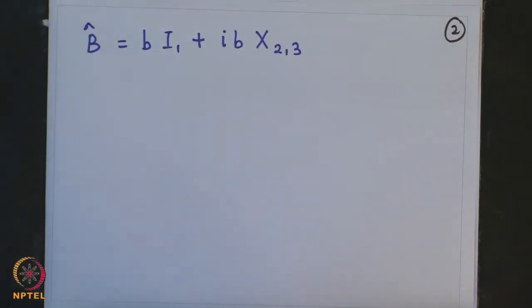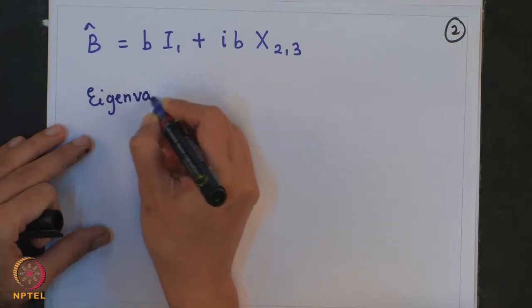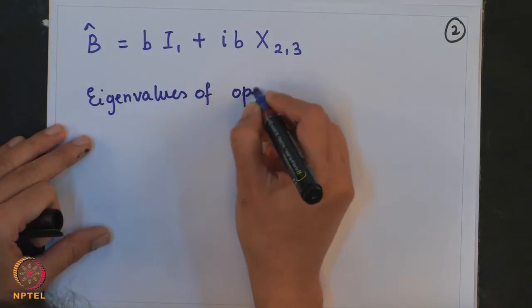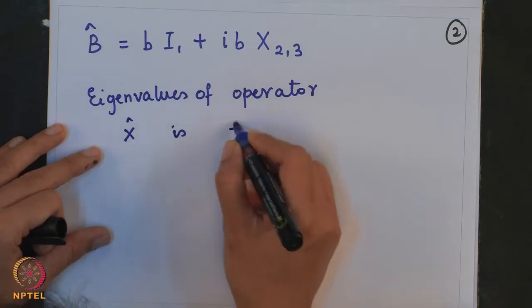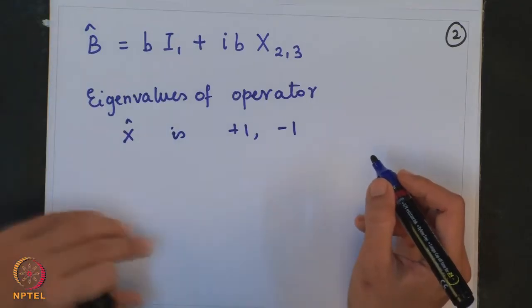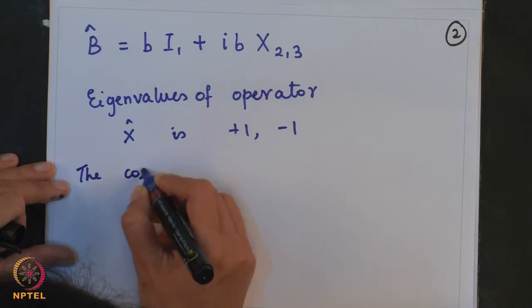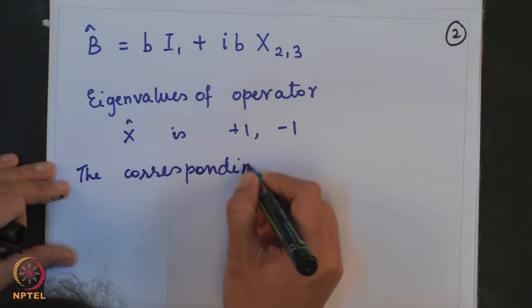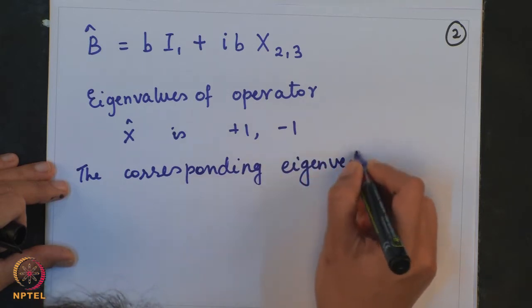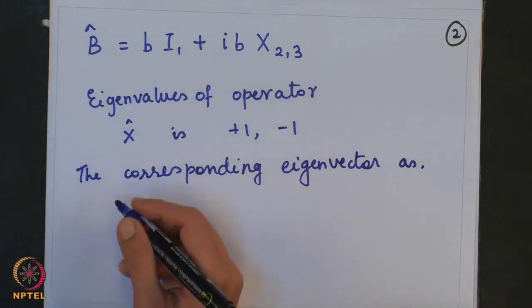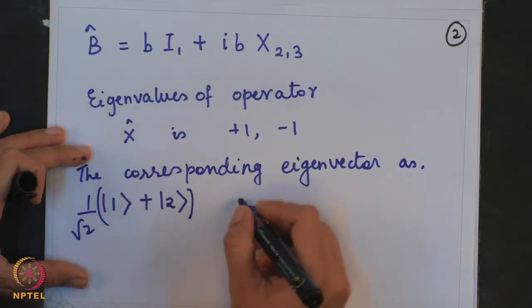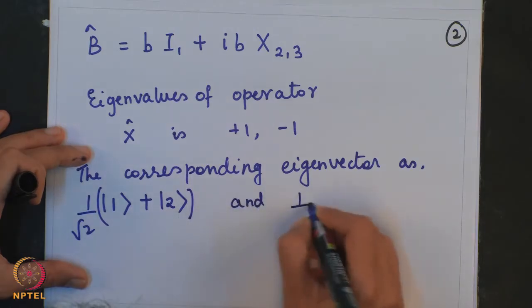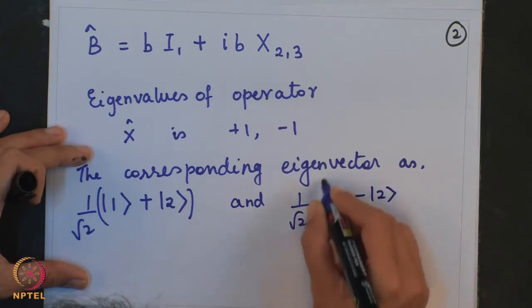So the eigenvalues of x are plus 1 and minus 1, and the corresponding eigenvectors are 1 by root 2 times Ket 1 plus or minus Ket 2.